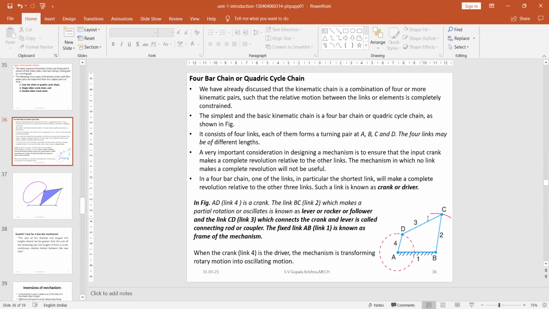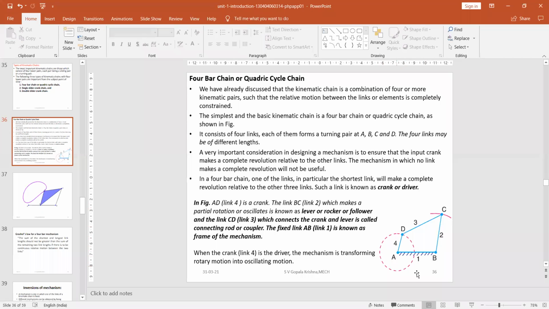BC also has some oscillation, so it is also a lever. Links 2 and 3 are both acting as levers or rockers, and they oscillate only with the help of our crank AD. So those are the four links.